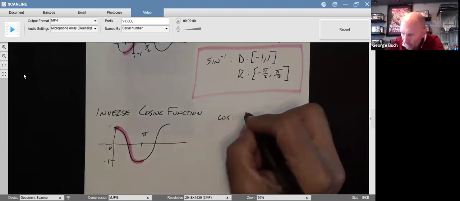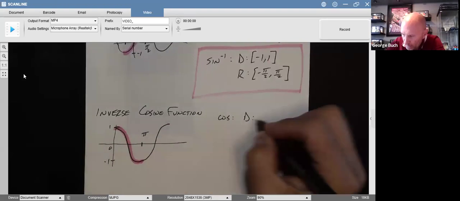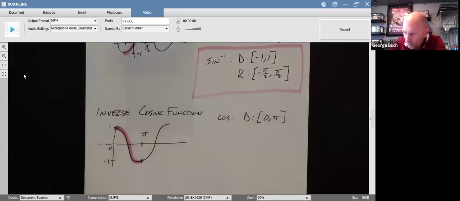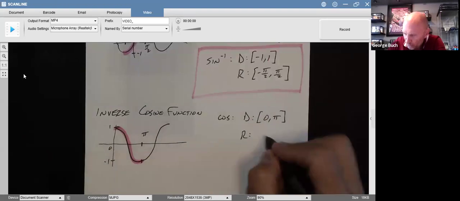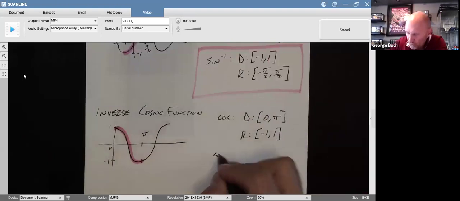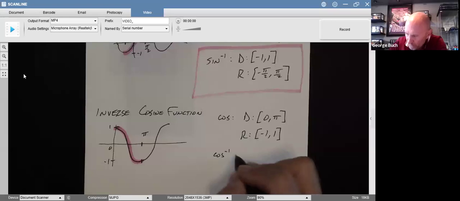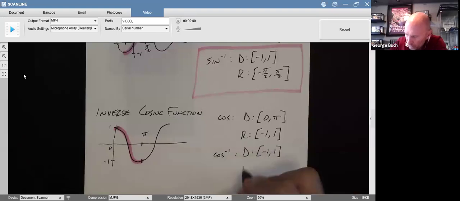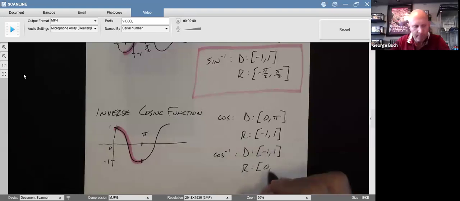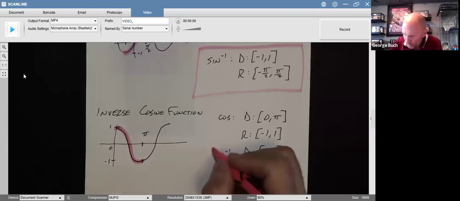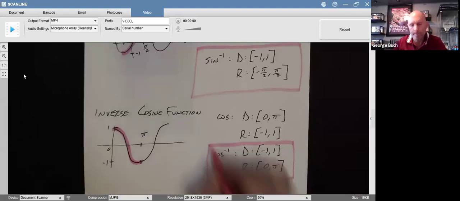The domain is 0 to pi with brackets because it actually goes to pi, and the range is again -1 to 1. So for the cosine inverse function, the domain is now -1 to 1, and the range is 0 to pi. And again, from a testing standpoint, this is what you need to know.